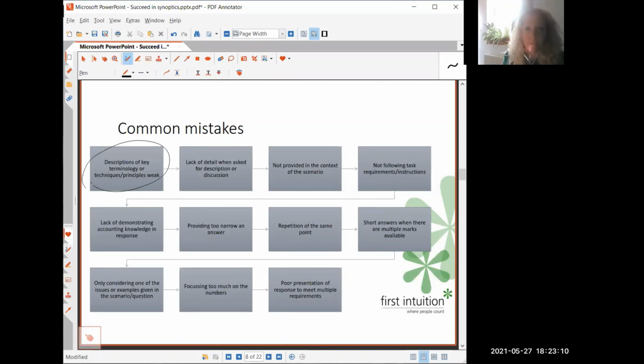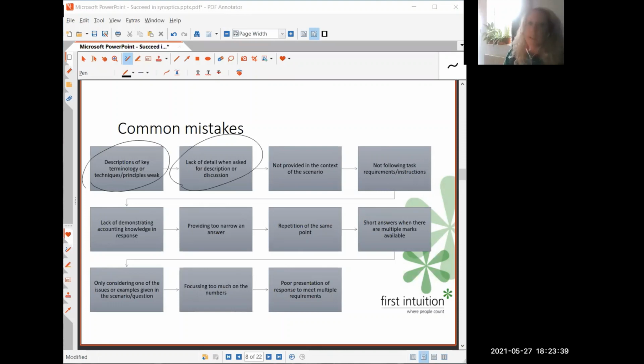If you're not able to explain a principle or technique, that really is going to limit your success in the written tasks. Lack of detail when asked for description or discussion. If you're asked to discuss something, you're not being asked to state. State is very basic, low-level verb, whereas a discussion is a much higher level verb, and you have to do much more in your response in order to meet what that verb is.